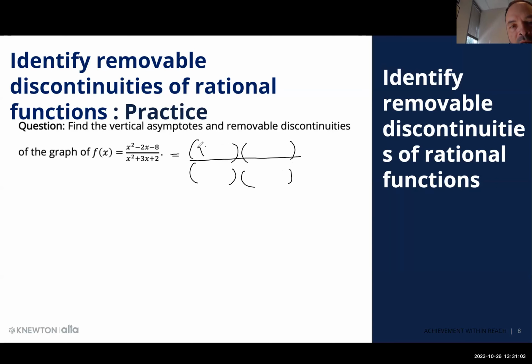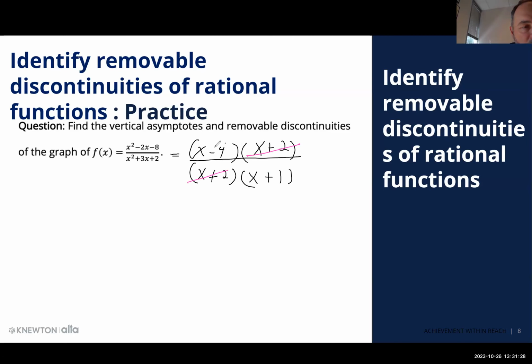So this is going to be x minus 4 and x plus 2. That's factoring the numerator. And then x plus 2 and x plus 1. Notice that I can divide those terms out.